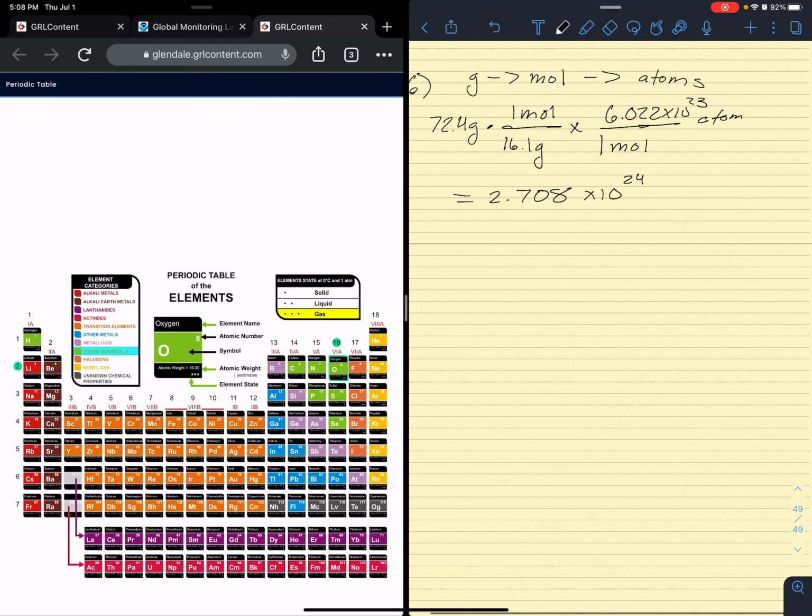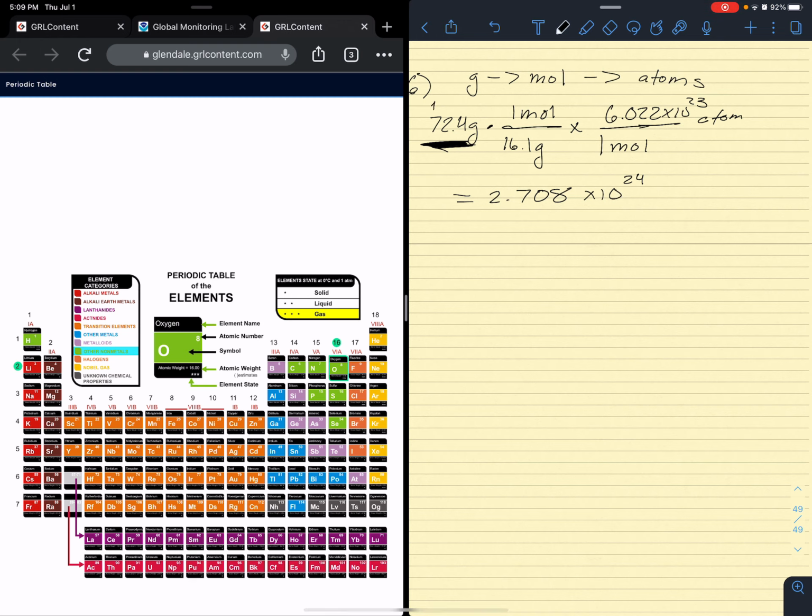But the correct sig figs are based on the lowest amount, and since that one has 3 as well, we might as well go with that. So for multiplication and division, it's always the lowest sig figs. Sig figs means how many important numbers to put into the final answer.